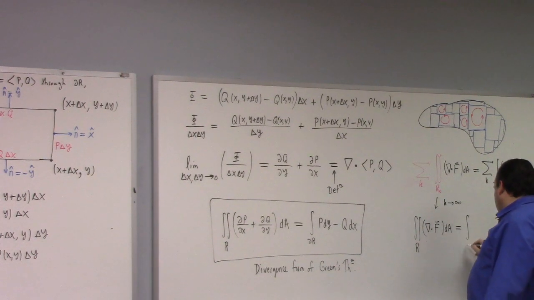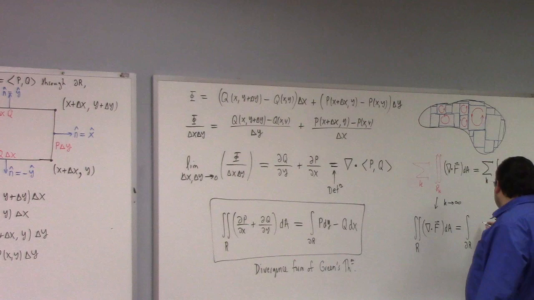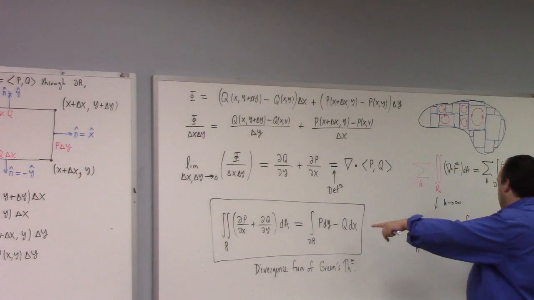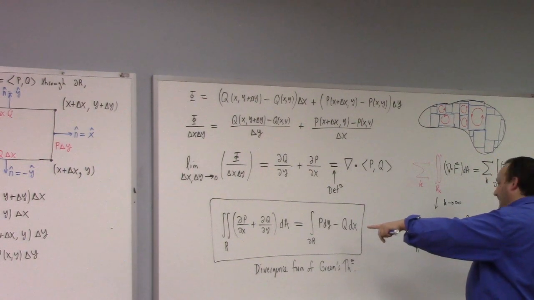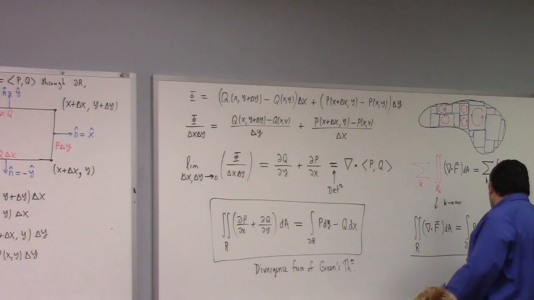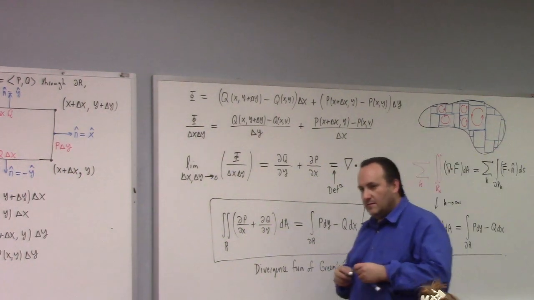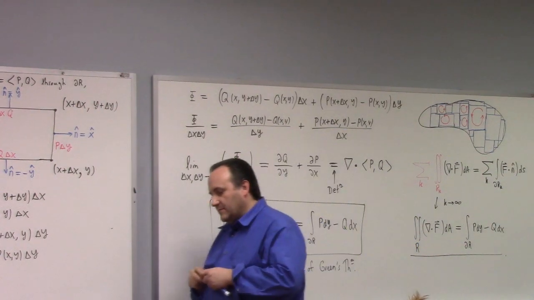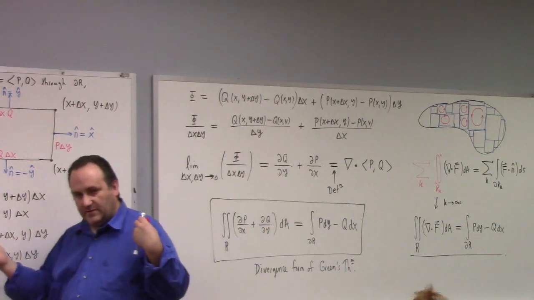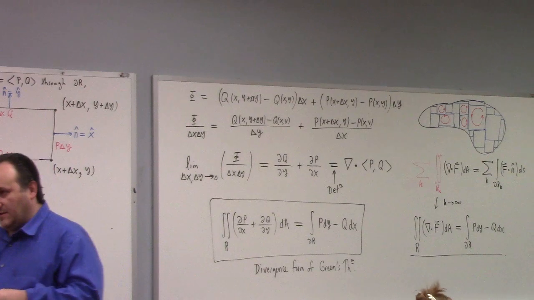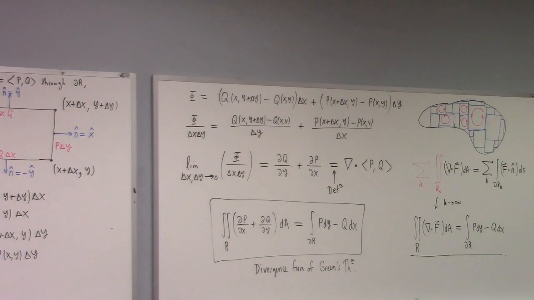So this just gives you the integral over the boundary of R in the limit. And I prefer this formula, P dy minus Q dx. So if you can prove it for a rectangle, and you observe that when you divide your shape into a union of rectangles the interior edges cancel out, then as the number of rectangles goes to infinity, we obtain the theorem.